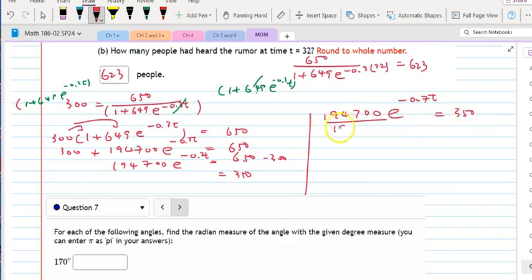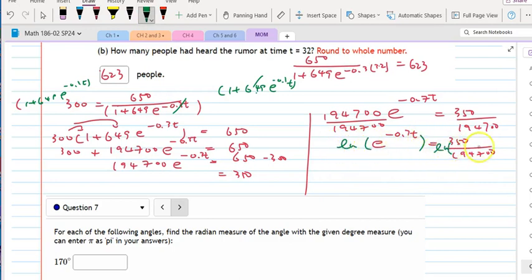I divide both sides by 194700. I would have e to the negative 0.7t equal to 350 over 194700. And then I add ln on both sides so I can move the 0.7t. And so I will now have negative 0.7t ln e, which is just 1, equal to ln of 350 over 194700.